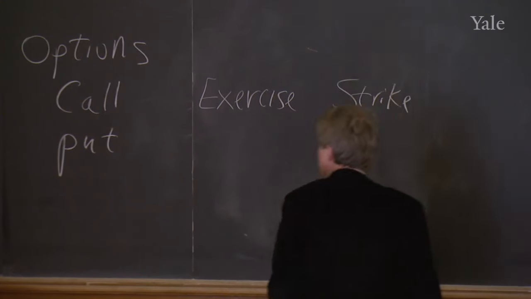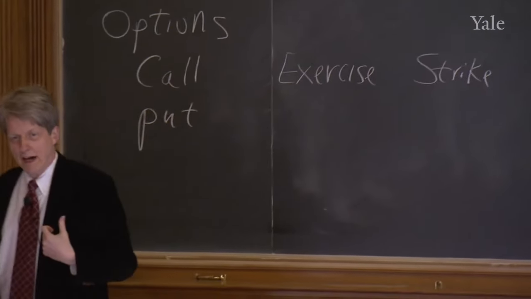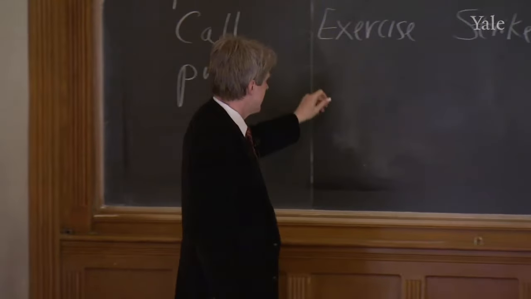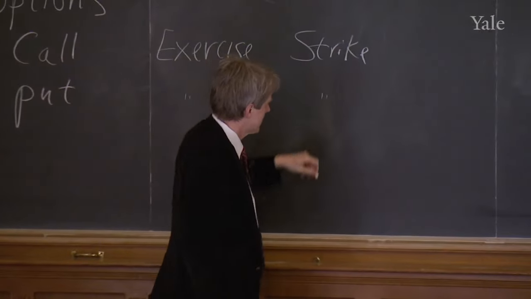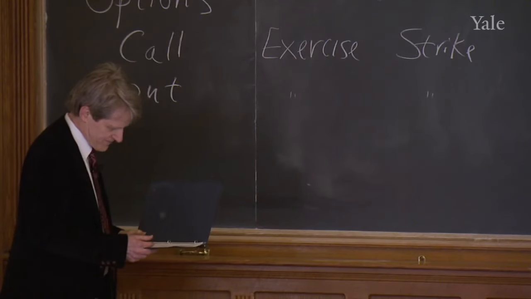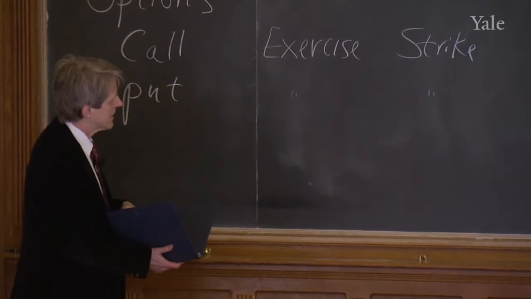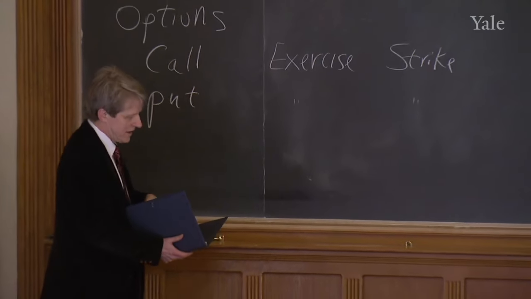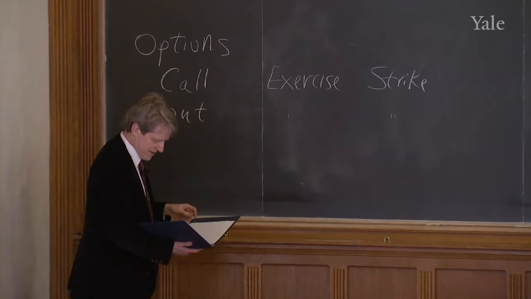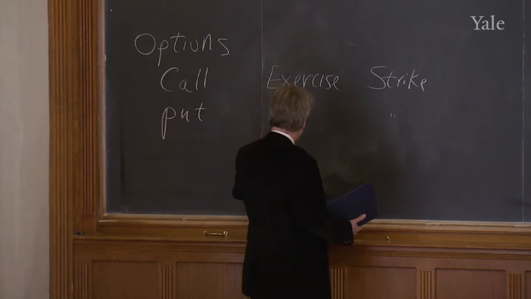Those are synonyms. And a put option is the right to sell something at the specified exercise price. An option also has another term that has to be specified, and that's the exercise date.